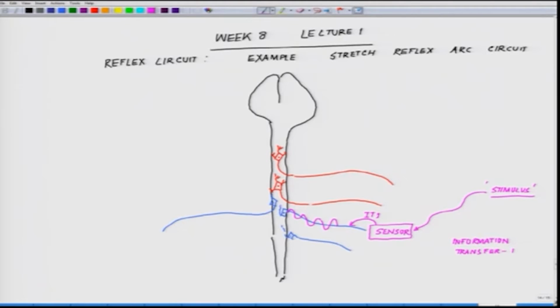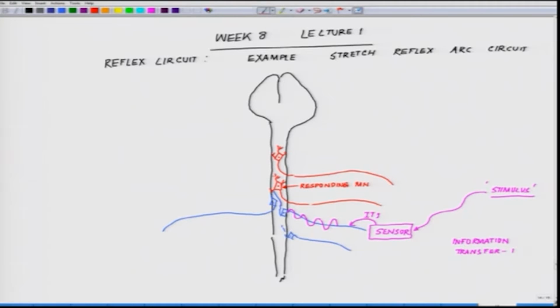Here, there are possibilities. At this time, what could happen? The signal is directly transmitted to the motor neuron. So if this is the responding motor neuron, MN stands for motor neuron, right? The responding motor neuron is directly synapsing upon it.